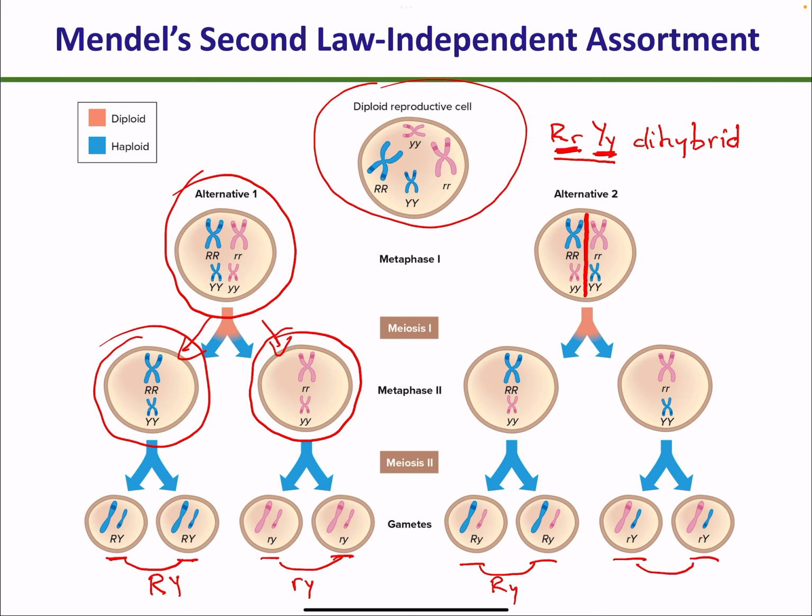And 4 is going to be lowercase r, capital Y. These are 4 possibilities, right, of gametes from a dihybrid. Now, if you have to cross 2 parents that are dihybrid, what would you get in the offspring?